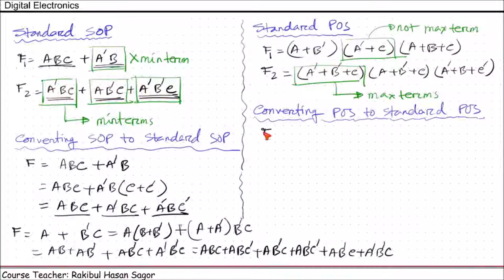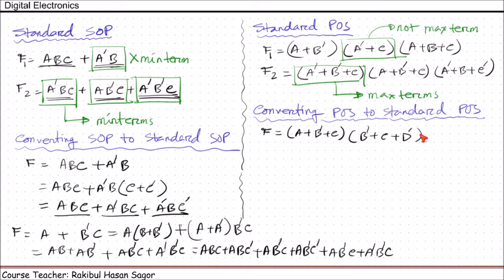Suppose we have a Boolean function f equal to (a plus b' plus c) (b' plus c plus d') (a plus b' plus c' plus d). Now how many variables are there? There are 4 variables, a, b, c, and d. We have one missing term here, that is d. We have one missing term here, that is a. We do not have any missing term in this sum form.